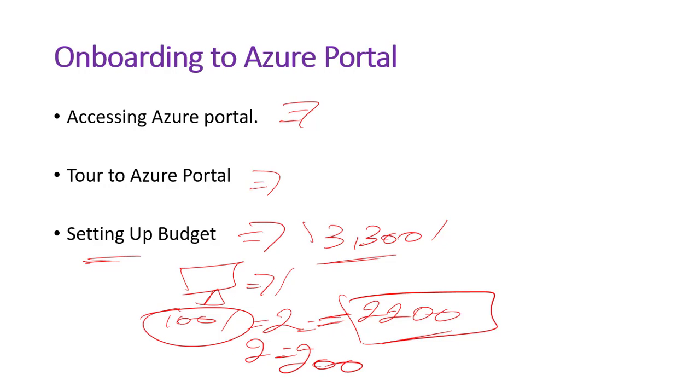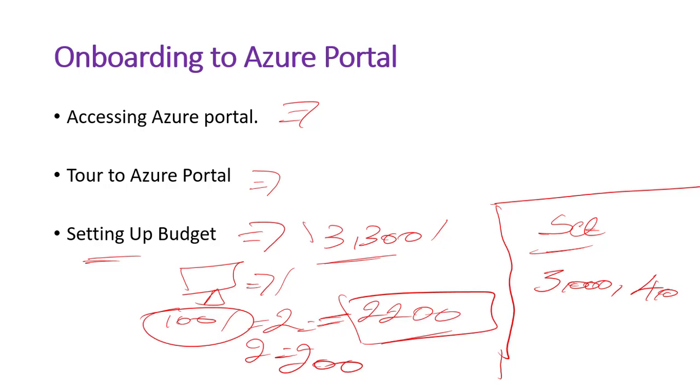So to make sure we do not cross the budget, we will set a budget in the Azure subscription, and once we cross the limit, like 3000 or 4000 based upon our limit, we will be sent an email saying, dear user, you have almost crossed your budget amount in the Azure subscription.